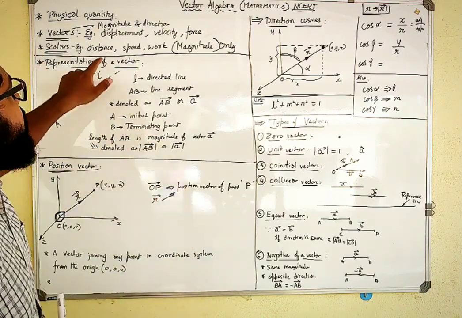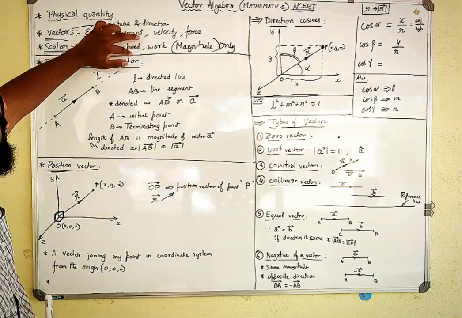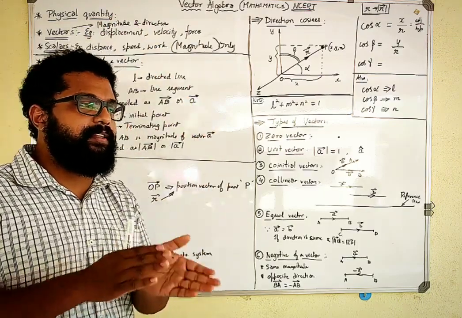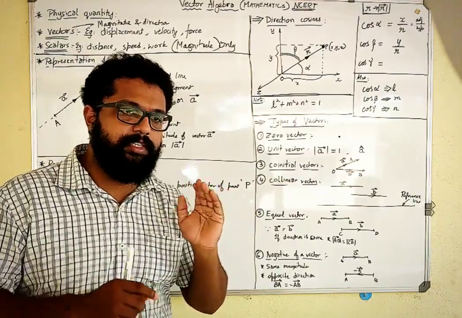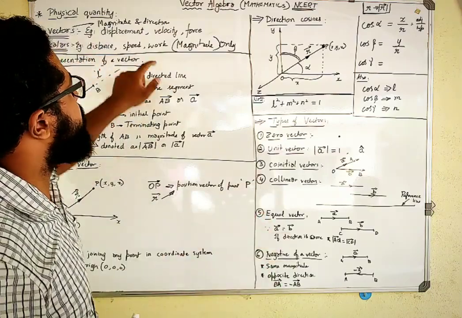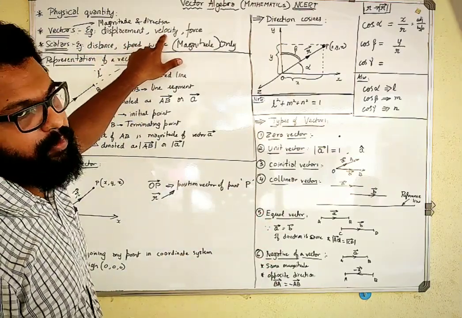So distance is the scalar quantity of displacement, and speed is the scalar quantity of velocity. Speed is nothing but velocity without direction, or velocity is speed with direction. So speed is a scalar quantity, whereas velocity is a vector quantity.